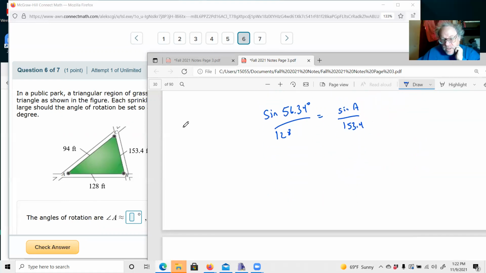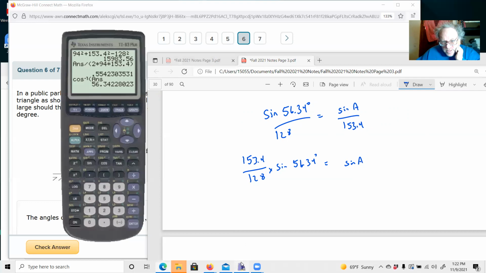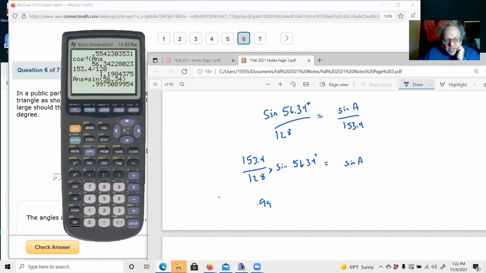Solving for sine of A, we've got 153.4 over 128 times sine of 56.34 degrees is equal to the sine of A. So we've got 153.4 divided by 128, times sine of 56.34, and 0.9975 is equal to the sine of A.